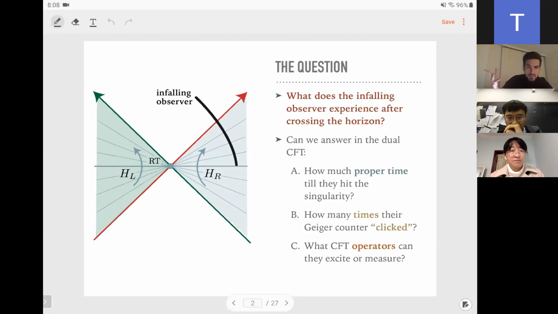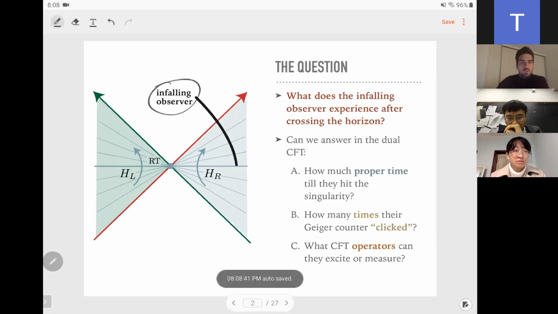And if you send something in, it never comes out classically, or quantum mechanically, it will come out much, much later in a very scrambled form through the Hawking evaporation. So it's very difficult, and there are no known tools for reconstructing what happened to an infalling observer like the guy I'm drawing here in this figure.